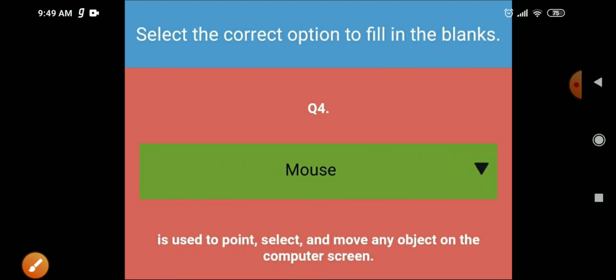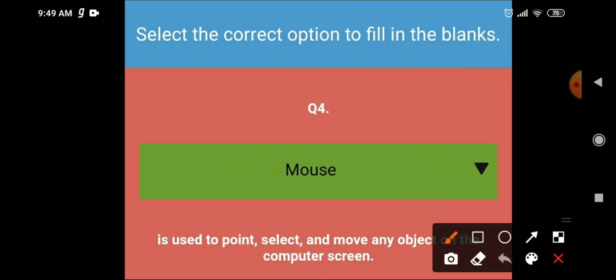Next fill up is, dash is used to point, select, move any object on the computer screen. So a mouse is used to point, select, move any object on the computer screen.